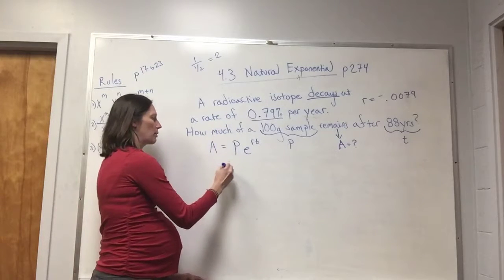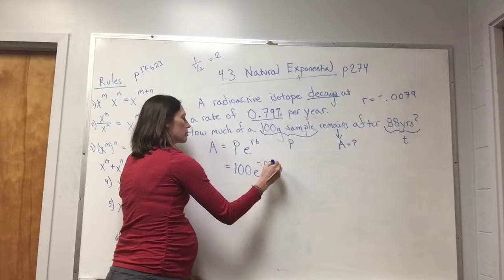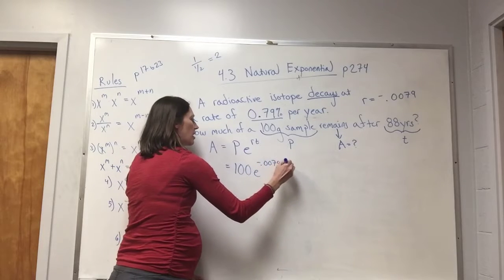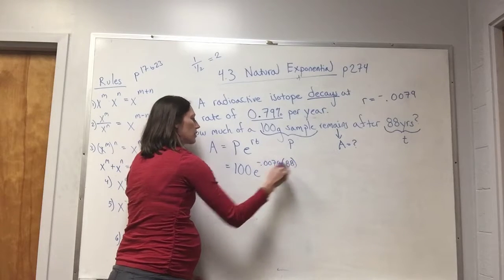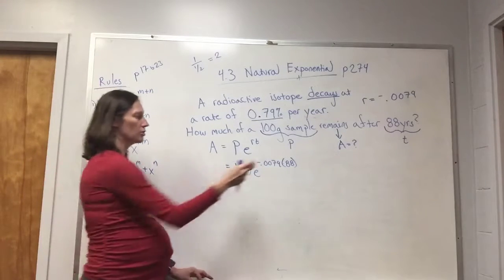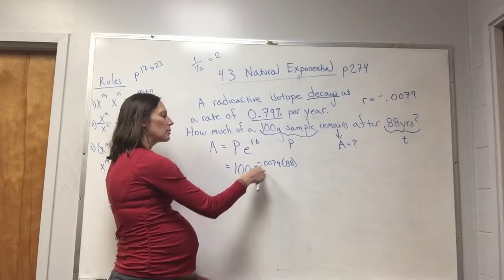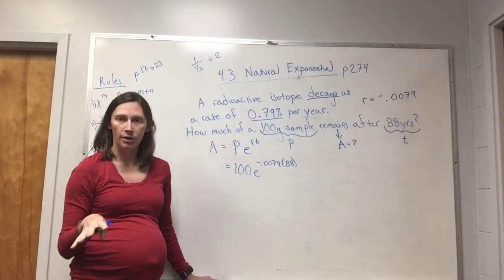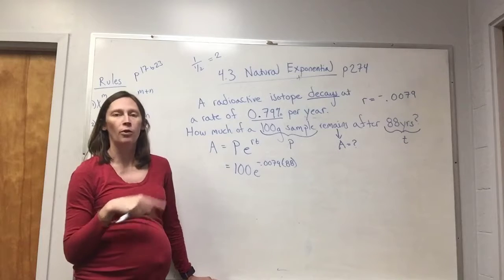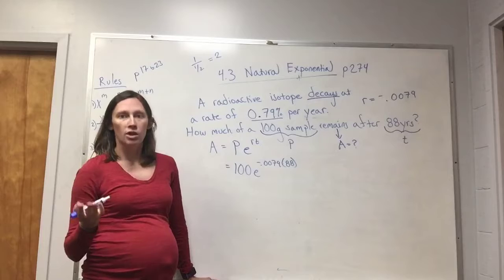So I'm going to plug in everything we've got so far: 100e to the negative 0.0079 times 88. Order of operations again, I have to do the exponent part first. So I would multiply these together, then I would have e raised to that power. Find a calculator that has e, or like I mentioned before, you can literally type this expression into Google as long as you get your parentheses right.